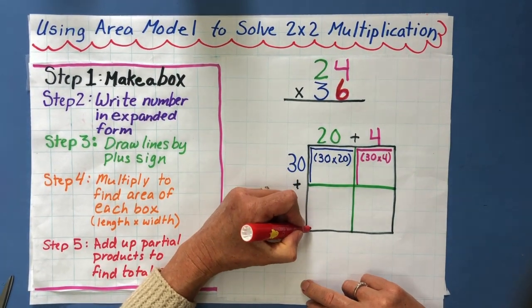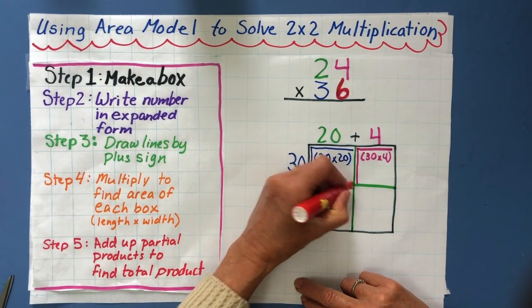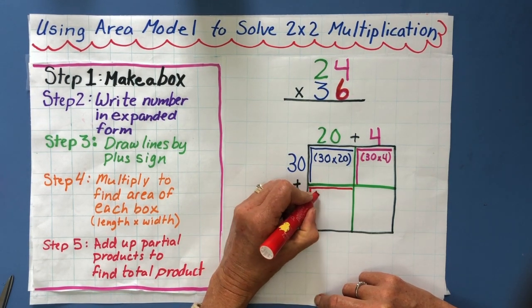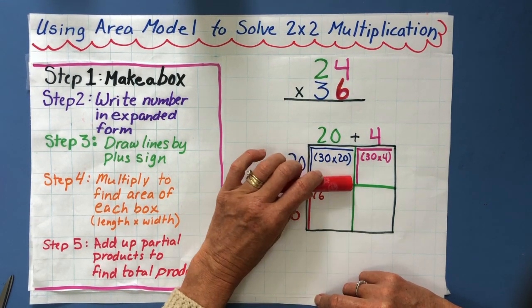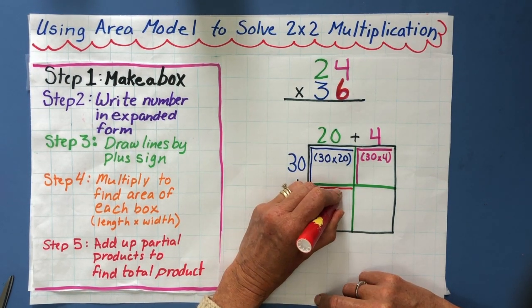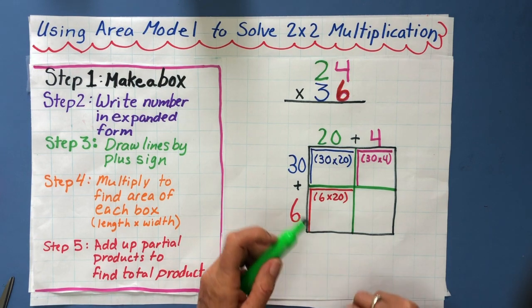So on here, I'm just going to do the length here and the length here. So length of this side is 6. So I put a 6, and then the length of this side is 20. So I times those.